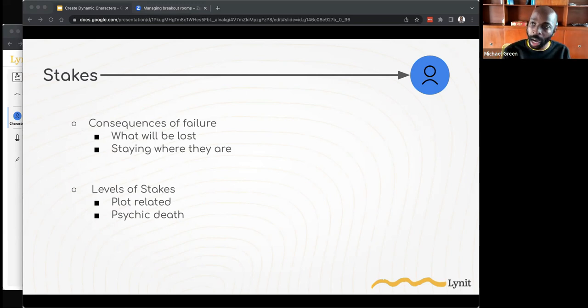In a cop drama, from the beginning, the cop needs to catch the serial killer. So we may know the plot related stakes pretty early on. But then later, you can increase the stakes for the character by revealing something that may be a psychic death, where maybe he has a personal connection to the serial killer because the serial killer killed his uncle.